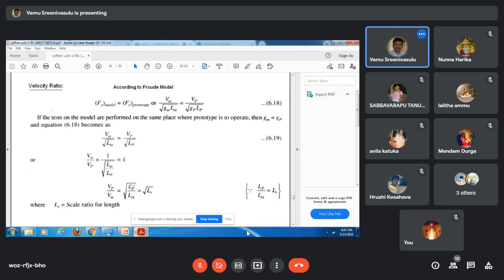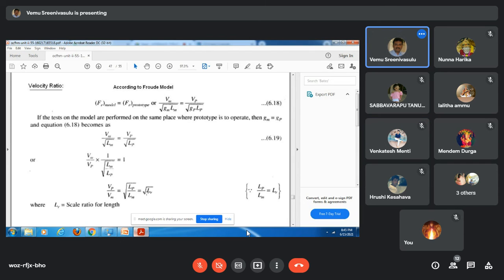If you see, the length of the prototype by the length of the model is equal to the breadth of the prototype by the breadth of the model, is equal to the depth of the prototype by the depth of the model, is equal to LR only. A scale ratio, scale ratio for length.